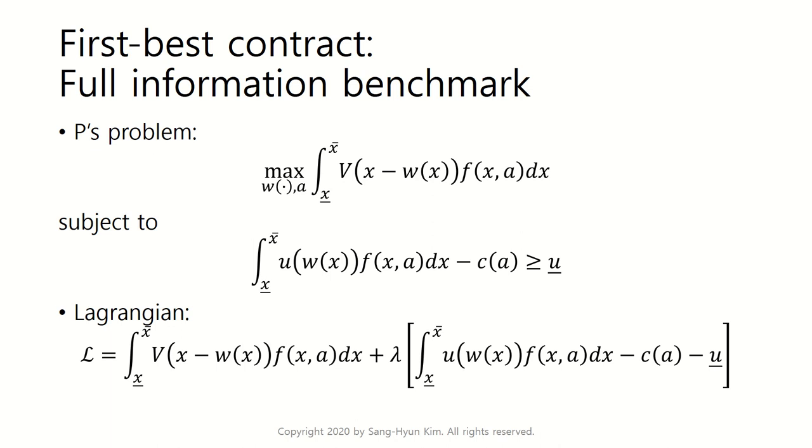On the other hand, non-binding constraints are not important constraints, so non-binding constraints can be ignored. So in this example, the IC constraint is a non-binding constraint, so we can ignore it. I will explain that in a minute.